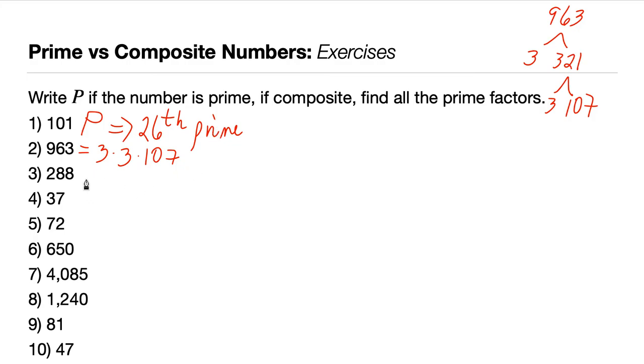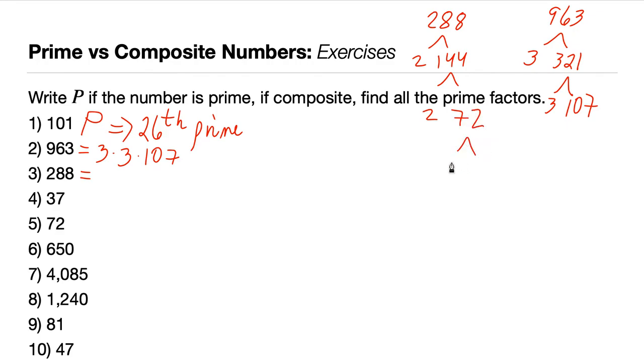Okay, that's it for number 2, rather. How about 288? We can see that 288 is divisible by 2 since it ends with an even number. So we have 288 divided by 2, which gives us 144. 144 is still divisible by 2, giving us 72.